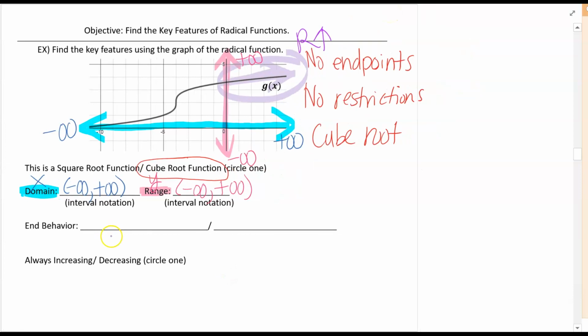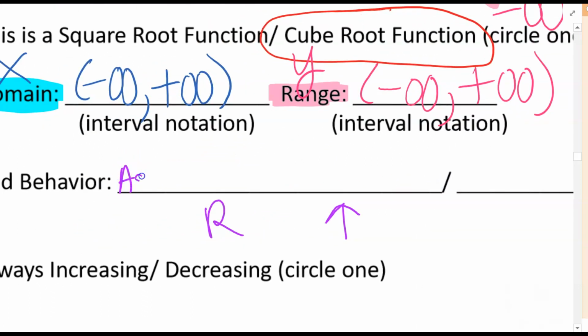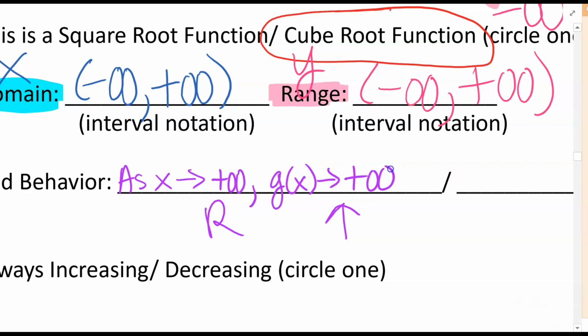So for this one, it's gonna be right up. So when I write this, I'm gonna say as x approaches, which infinity is the right side? Positive. The function g of x approaches upwards. Up is which infinity? Positive infinity. Okay.